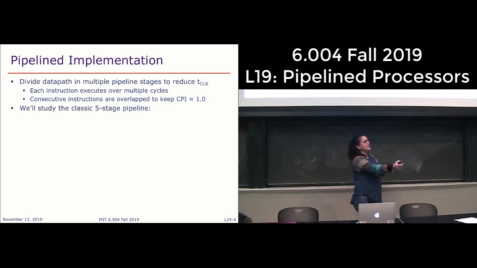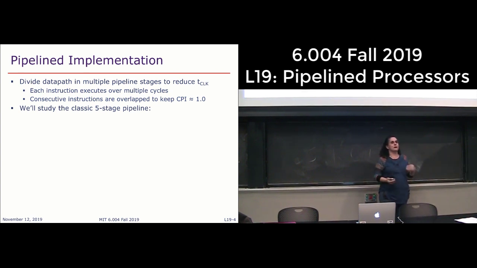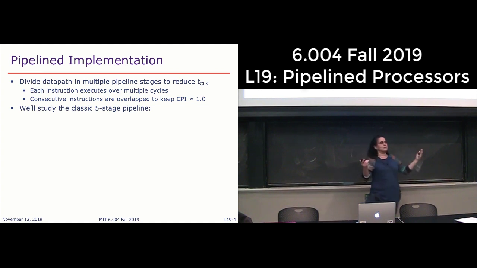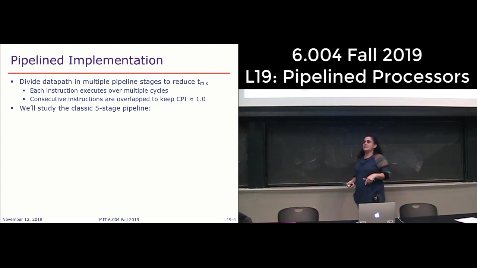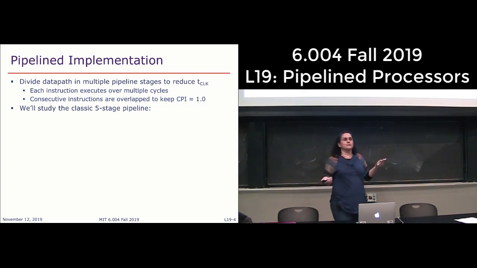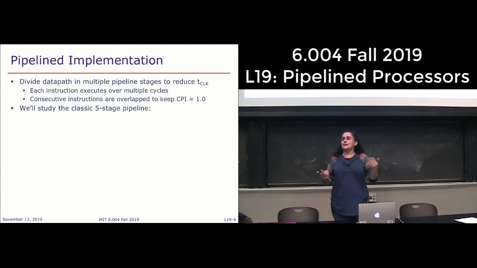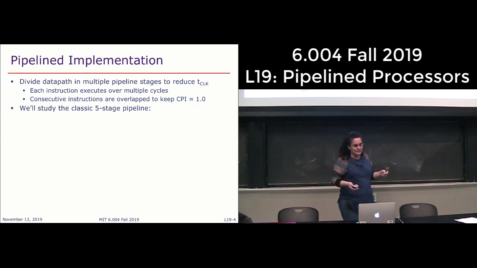And once we pipeline things, my CPI is no longer going to be 1, in the sense that if my pipeline processor has 5 stages, which is a typical classic pipeline structure that we're going to look at today, and I'm able to reduce my clock period by a factor of 5, then as far as performance is concerned, the latency of executing any given instruction is 5 times that reduced clock period, and so I still end up being approximately equal.